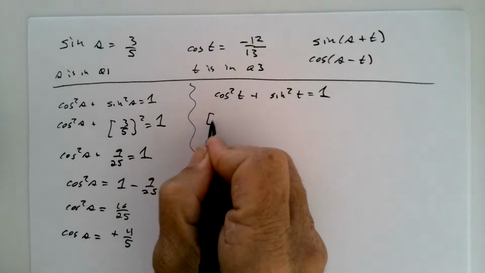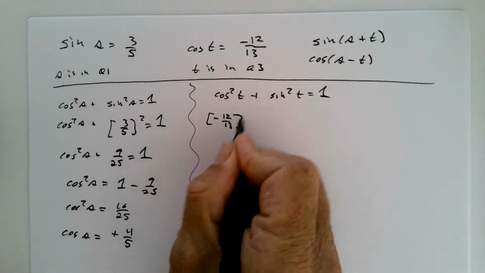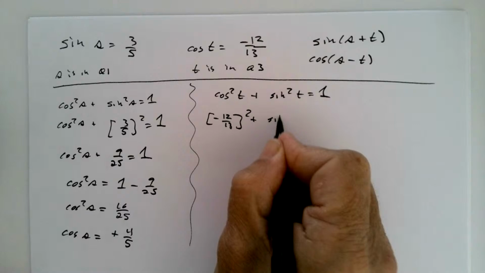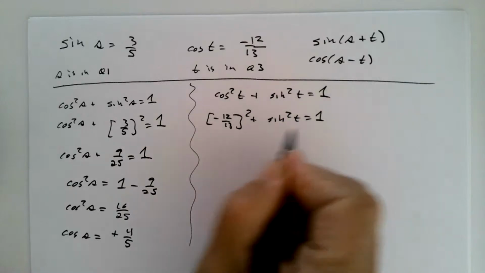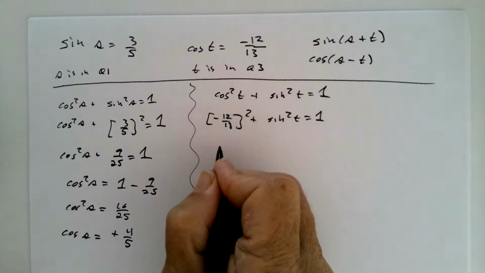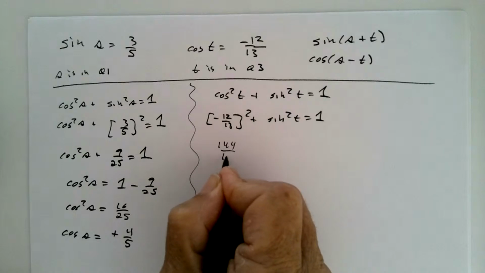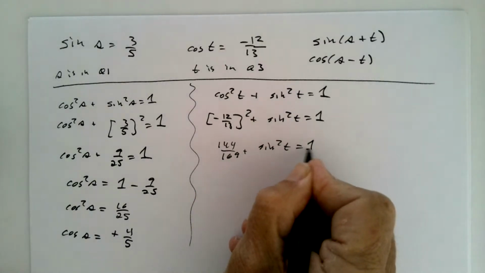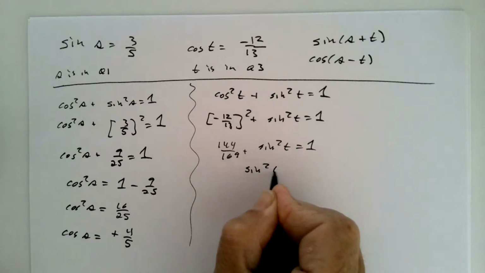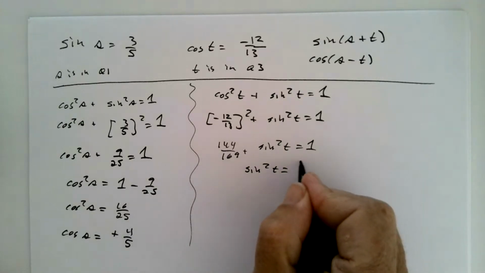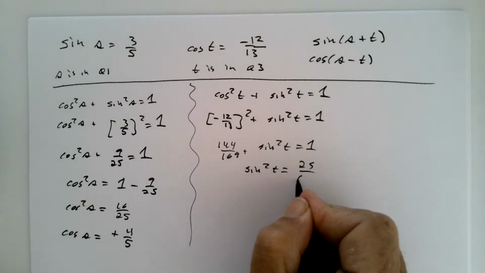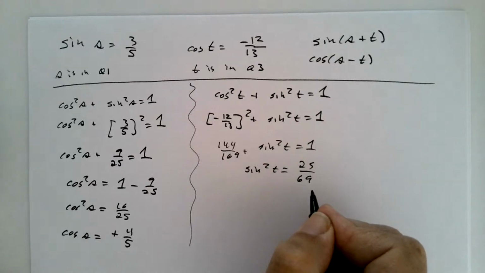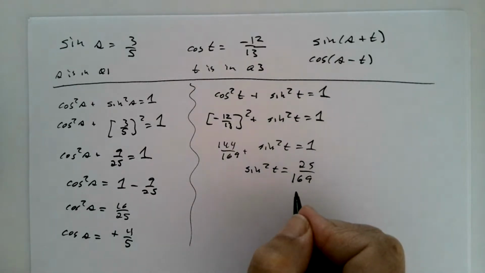Cos squared t, negative 12/13 squared, plus sine squared t is 1. So 144/169 plus sine squared t is 1. Sine squared t is 25/169.